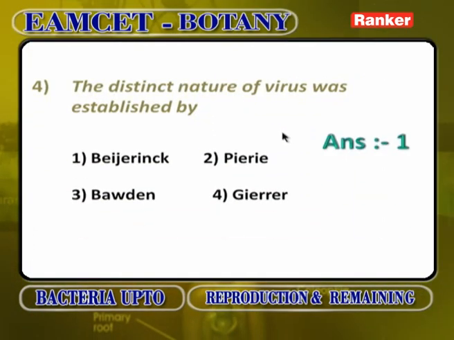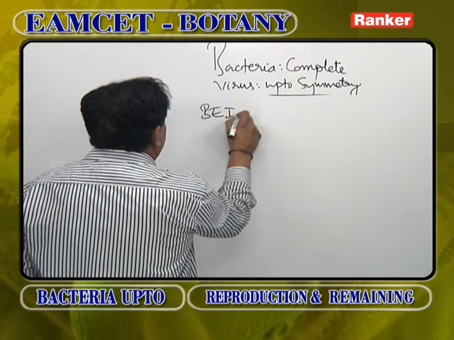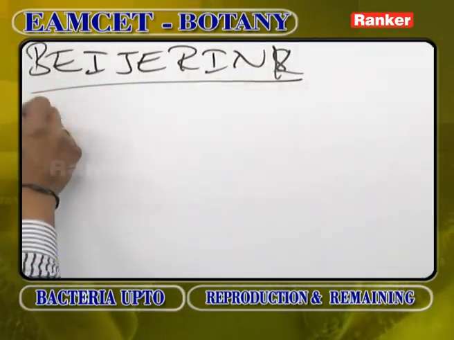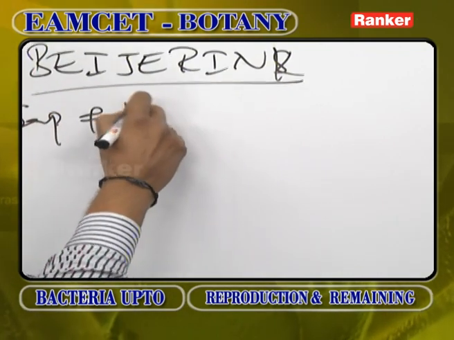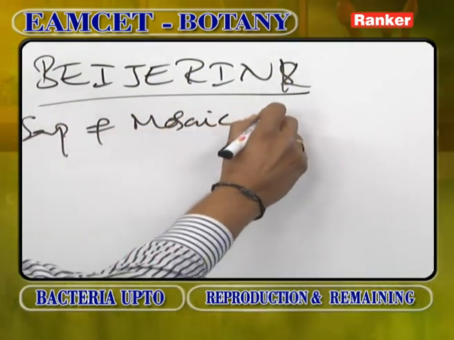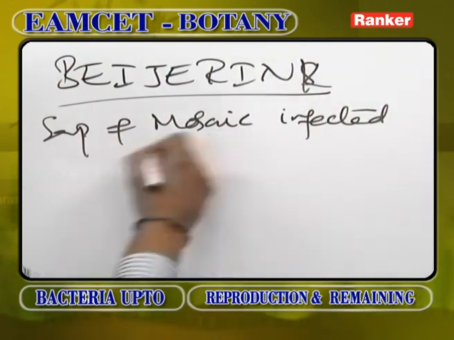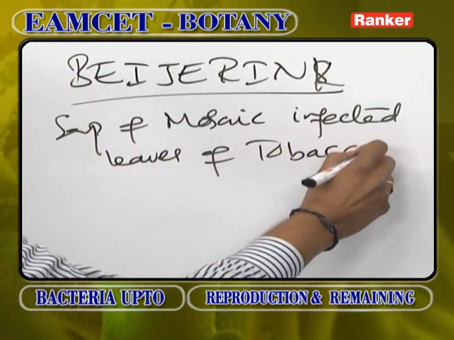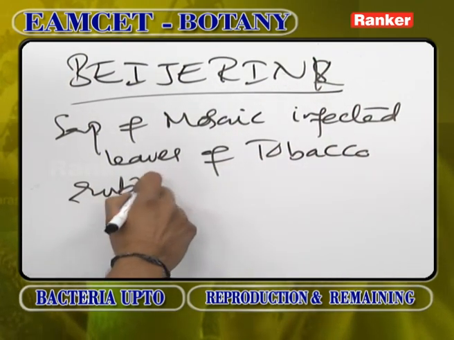The distinct nature of virus was established by Beijerinck, a very popular man. He took the sap of mosaic infected leaves of tobacco and rubbed it on healthy leaves.